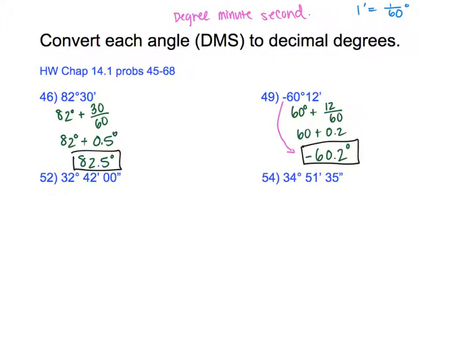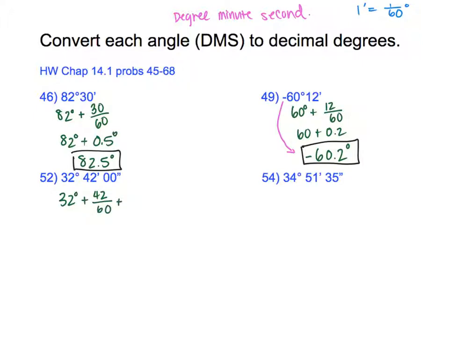All right, now let's try 52. 52 here has seconds now, so we have to account for the seconds. Now the seconds here is 0, because in this case there are no seconds. But let's just see how you would work it out. We have 32 degrees plus 42 minutes, which we will divide by 60.